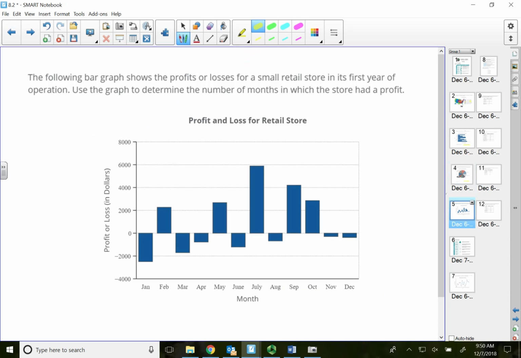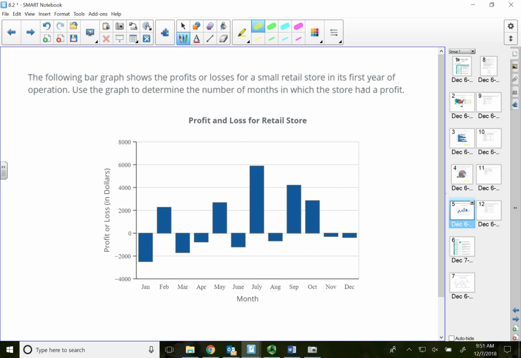This is a vertical bar graph. This bar graph shows the profit or loss for a small retail store in its first year of operation. Use the graph to determine the number of months in which the store had a profit. The profit or loss is in dollars, so anything below zero is a loss.